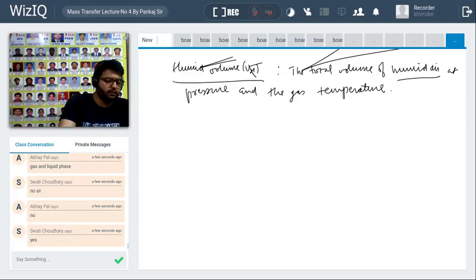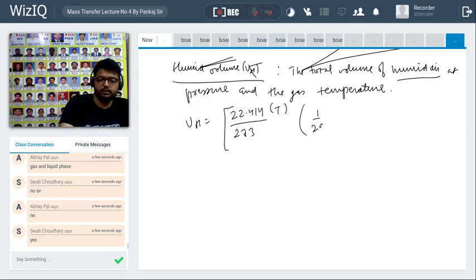For an ideal gas, VH is equal to 22.414 upon 273 into T, because the value of 22.414 is at 273, into 1 upon 29 plus H upon 18.